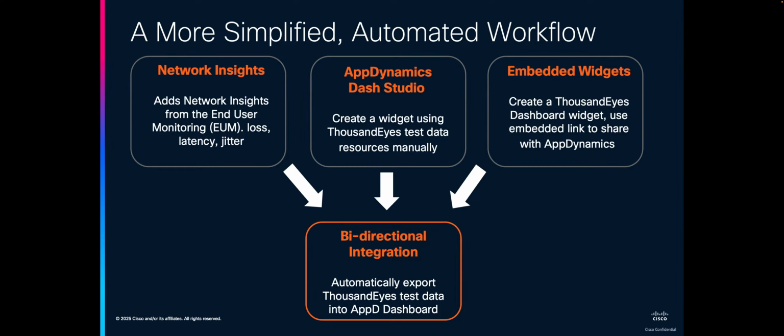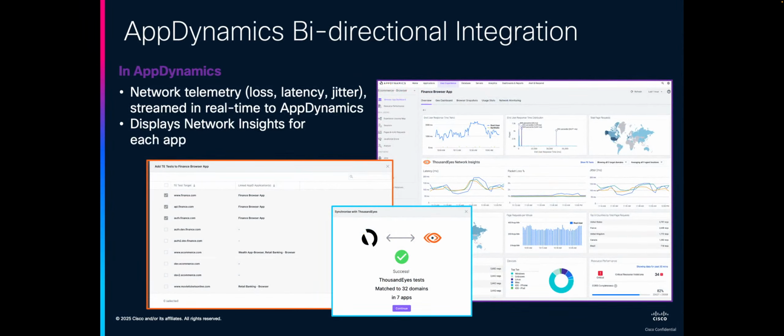Now, all of these things are brought to you because of the bi-directional integration, not a one direction integration where you would just be AppDynamics to ThousandEyes or ThousandEyes to AppDynamics. You actually get to see both, and this is some of the stuff that you would be able to see.